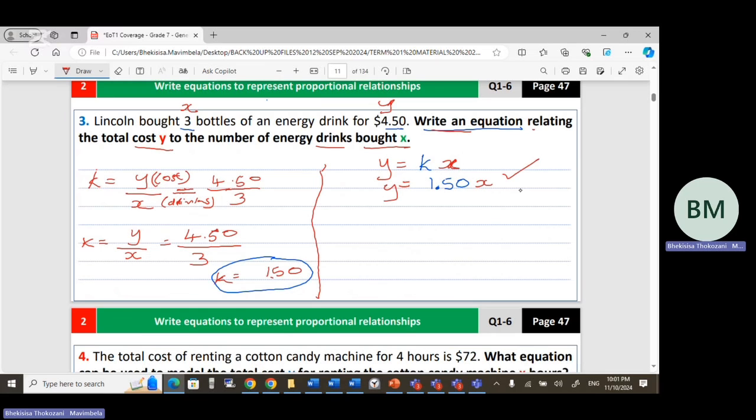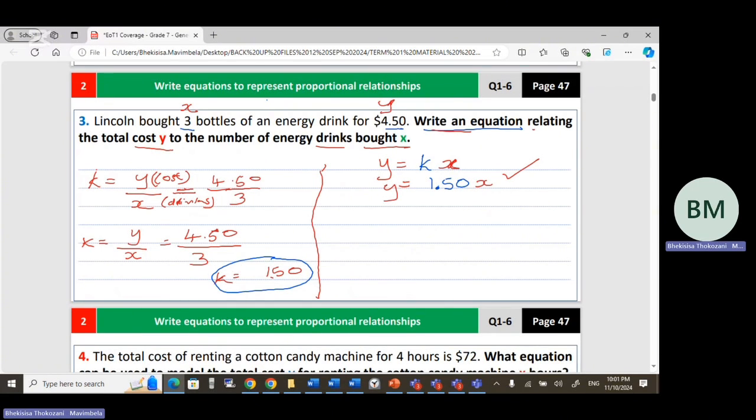Now, this is your equation, right? Did they ask us for a meaning? They did not ask us, but this simply means that 1.5 times the number of drinks equals the total cost of y. Okay, so let's move on to the next one.